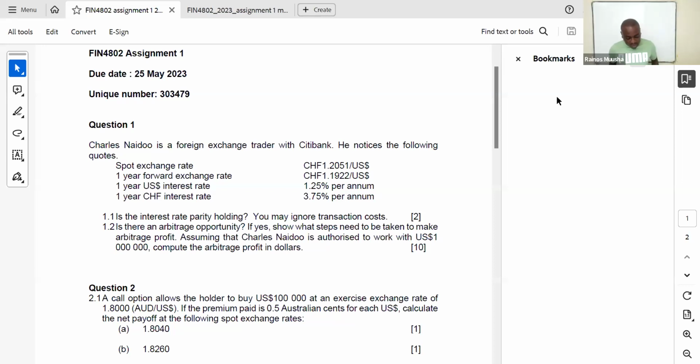Assignment 1, question number 1, they give us that information.